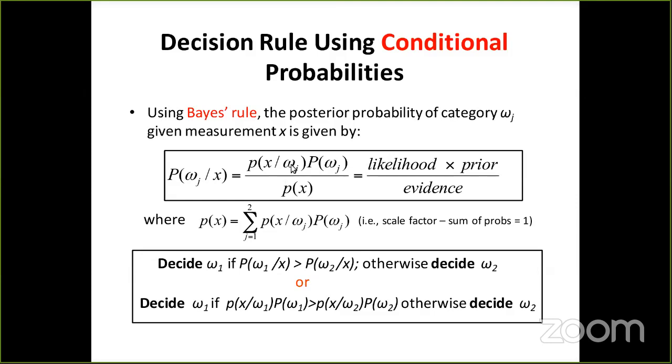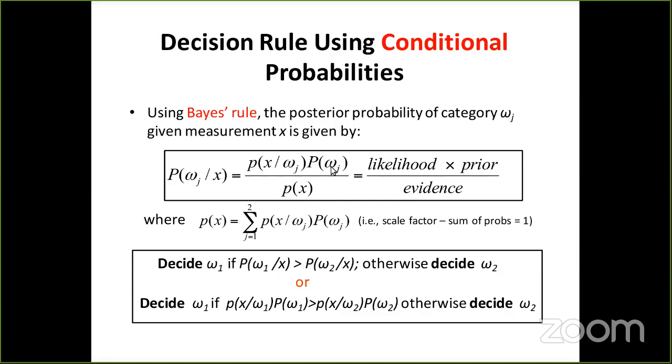These terms have fairly common names. The first term is called the likelihood, which is p of x given omega. This says that if we know that our data is coming from class omega, what is the distribution over the features? What is the probability distribution over this value x? This is called the likelihood.